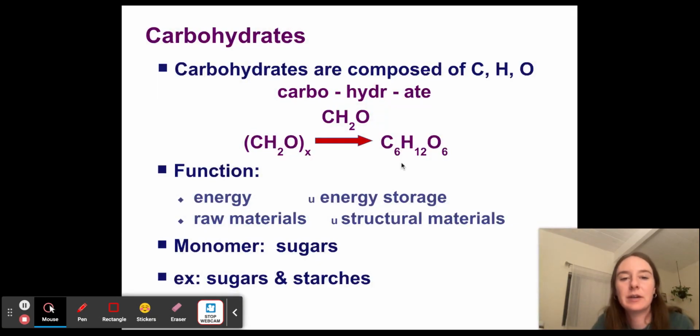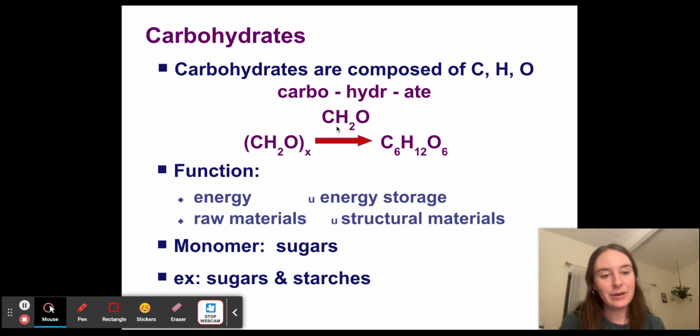So carbohydrates are composed of the elements carbon, hydrogen, oxygen. That's why it's called carbo for carbon, hydro for the hydrogen. And they're always found in this ratio of elements. So one carbon to 2 hydrogens to 1 oxygen. So you can think of it in this formula. If you have one carbon, there's always going to be 2 hydrogens to that carbon, and then 1 oxygen.